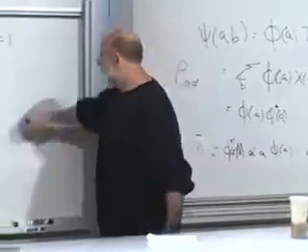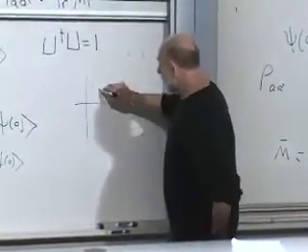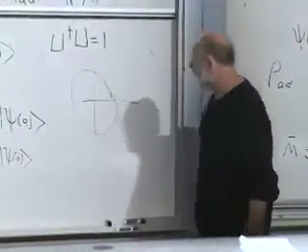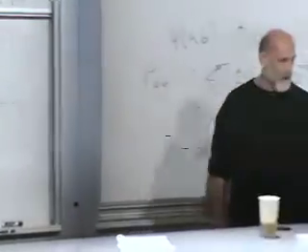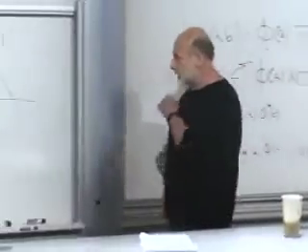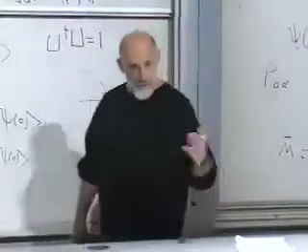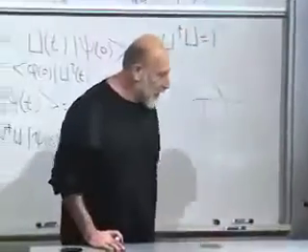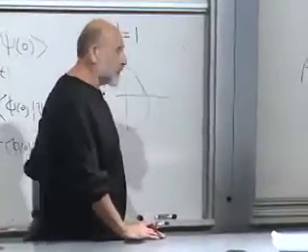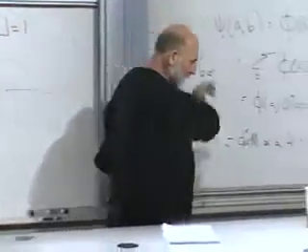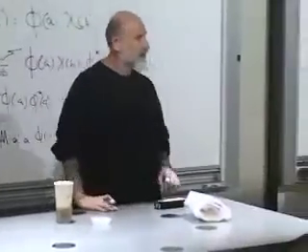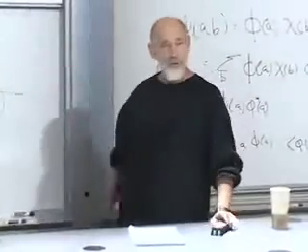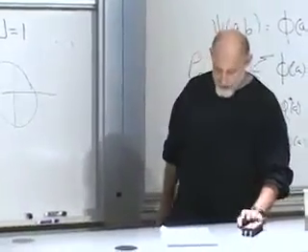On the complex plane, it's on the unit circle. It's unit in length. Matrices with this property are called unitary. So one would say that the time evolution of quantum systems is governed by unitary operators which depend on time.